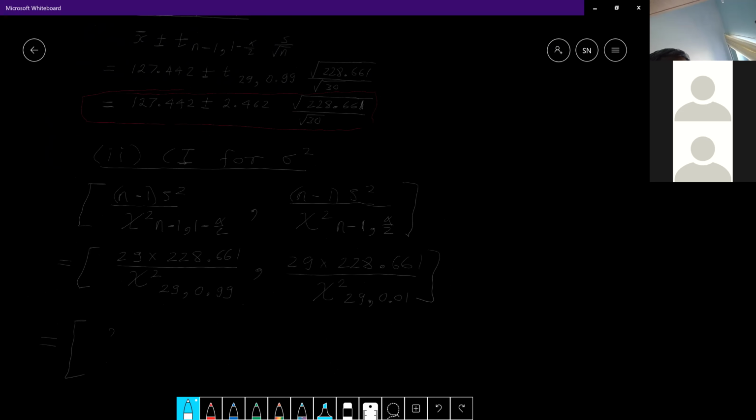So this is 29 multiplied by 228.661. Now, if you read from the chi-square table I gave you guys, this value here will be approximately 49.59, and this one here will be 14.226.